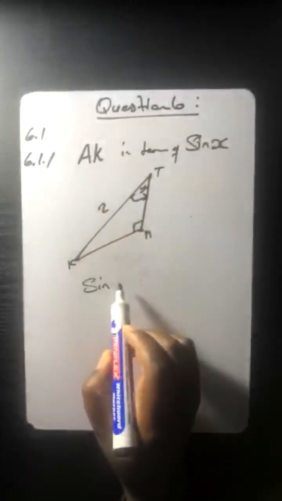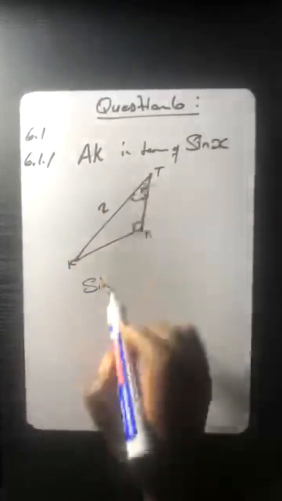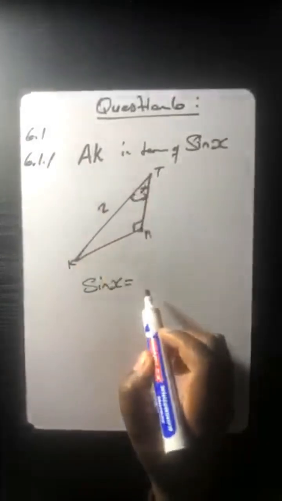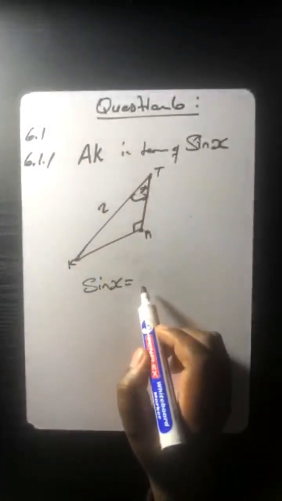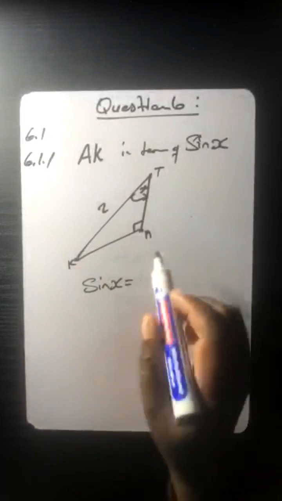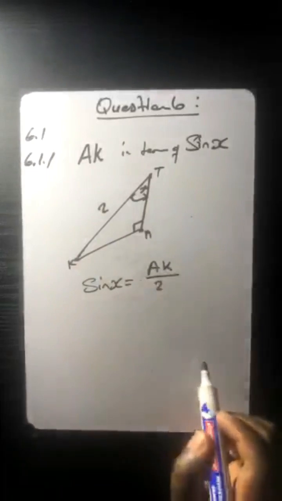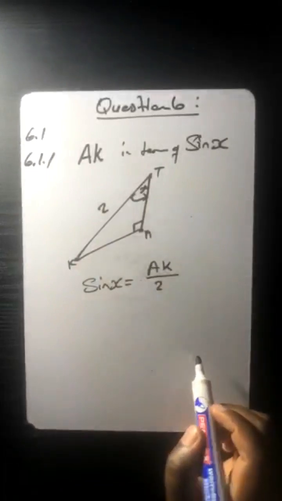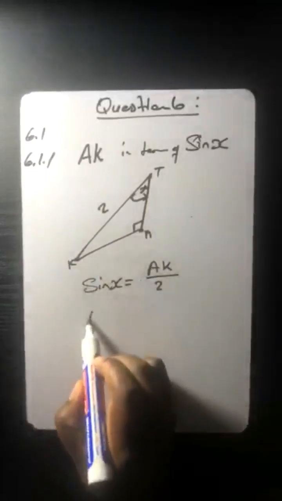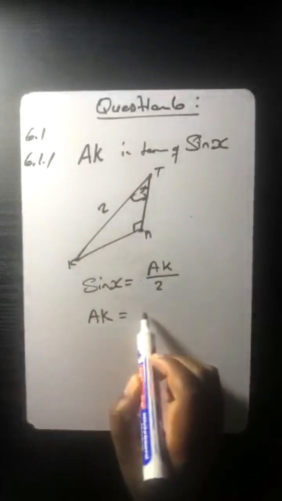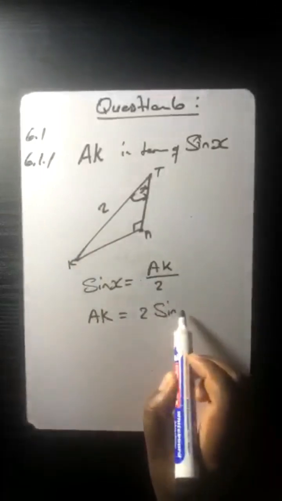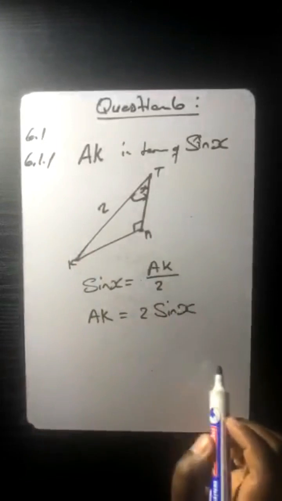So we're having sine of an angle, there is the reference angle, equals opposite, being AK, over hypotenuse, being that. So you end up cross multiplying, where your AK is therefore equal to 2 sine x.